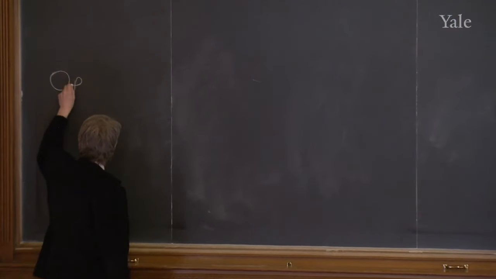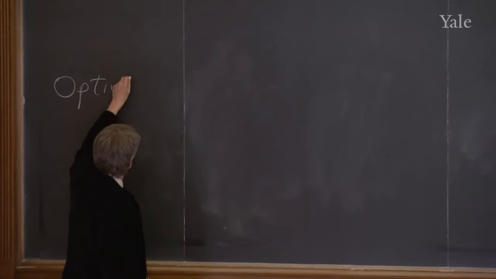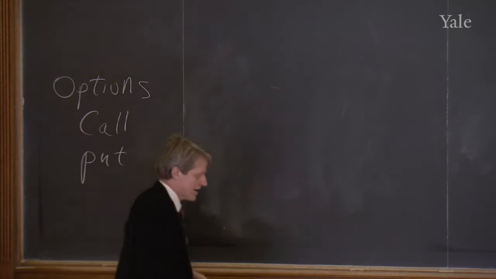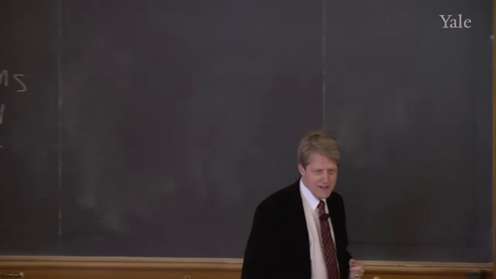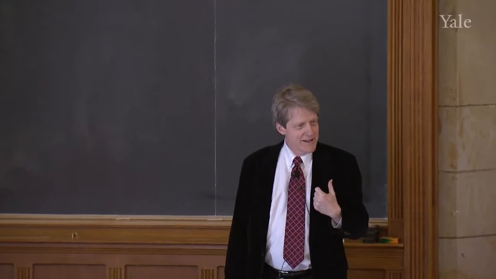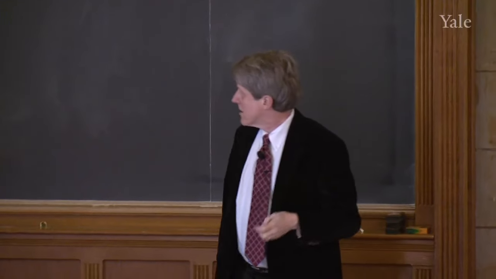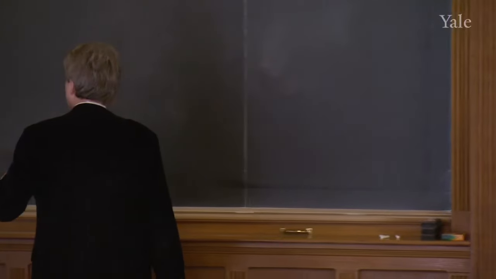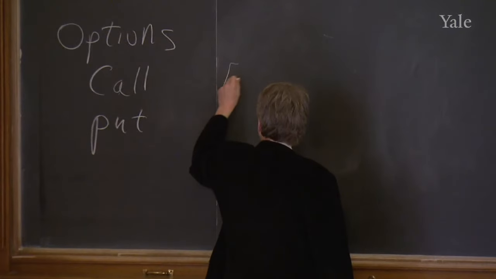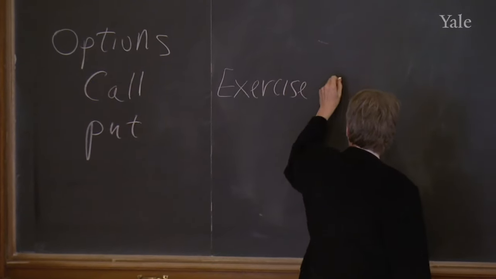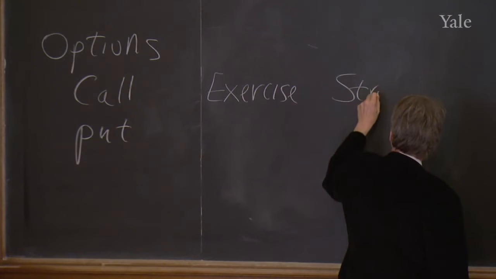So there are two kinds of options. There's a call and a put. A call option is an option to buy something at a specified price, and the price is called the exercise price or strike price.